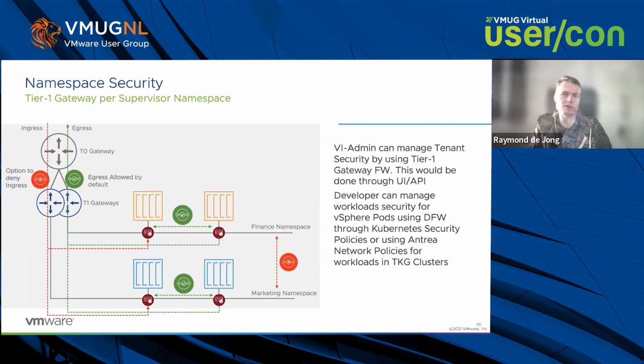And this means that you can set, let's say, roughly a deny on the tier 1 gateway and only expose inbound ports for namespace access, to be allowed only on a specific port into a namespace, after which you can create workloads in a namespace and create a load balancer, for example, to expose, let's say, HTTPS to the outside world to be able to reach that application.